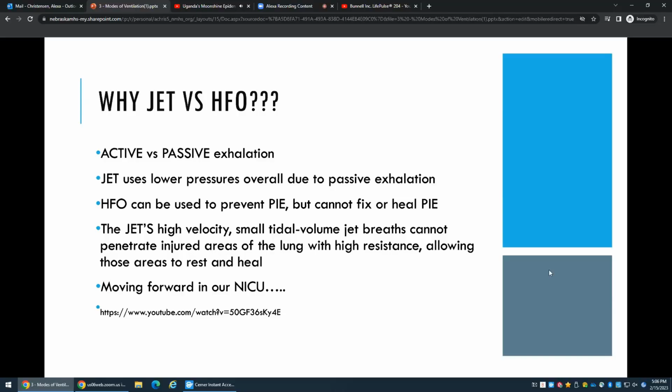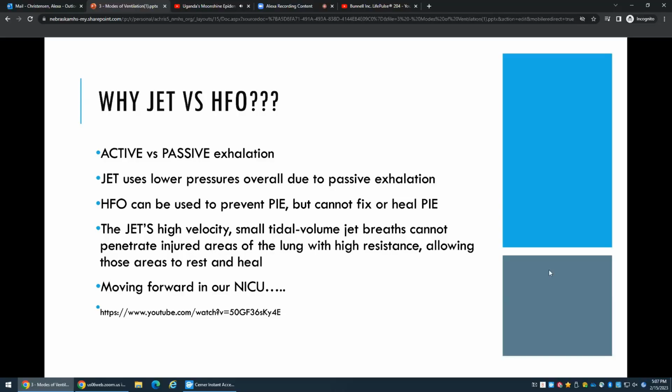Contrary to this, the oscillator just keeps ventilating all areas, which can potentially cause more damage to that affected area that has the PIE. It's almost like the jet ventilator is a very considerate ventilator. It sees those high resistance PIE areas, and it's like, oh, okay, I'm not going to give my breath to that area. I'm going to let that area heal. We're just going to ventilate the rest of the lung that is not injured, whereas the oscillator doesn't see the difference. It just gives its breath everywhere, if that makes sense.